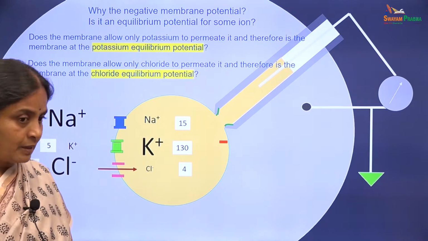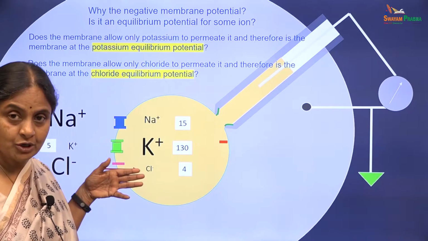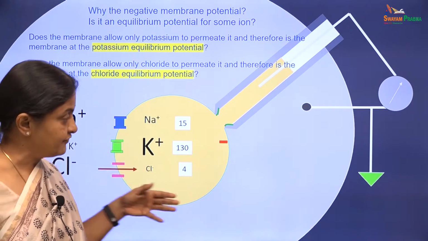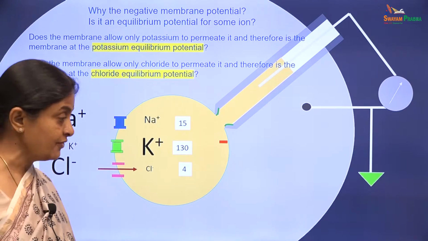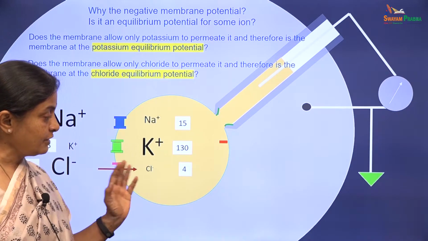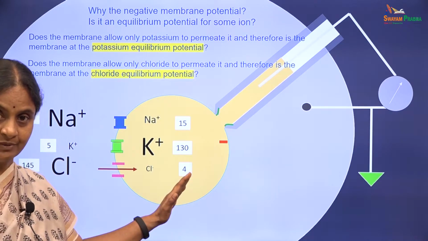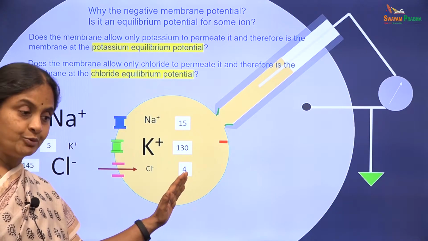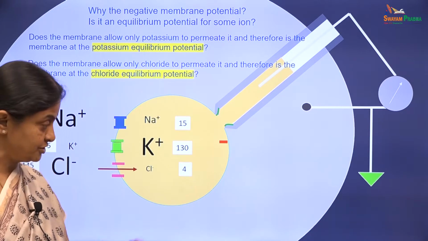Well, if the membrane was permeable to chloride at rest, and if the resting membrane potential was indeed a chloride equilibrium potential, then if you alter the concentrations of chloride on either side of the membrane, the potential would change as predicted by the Nernst equation.